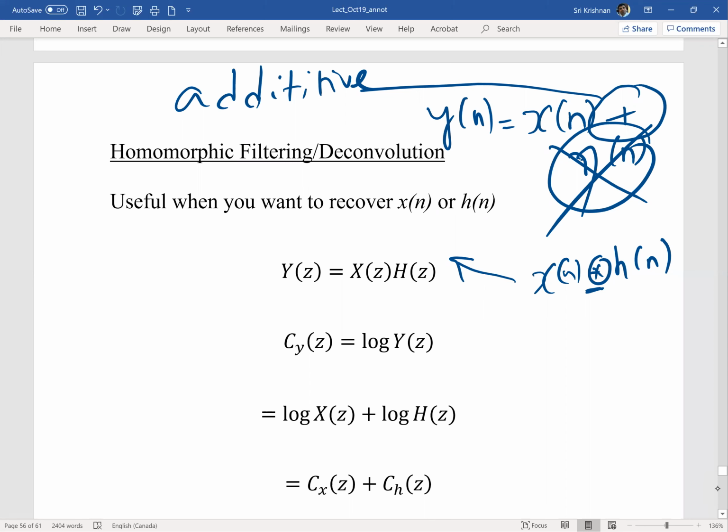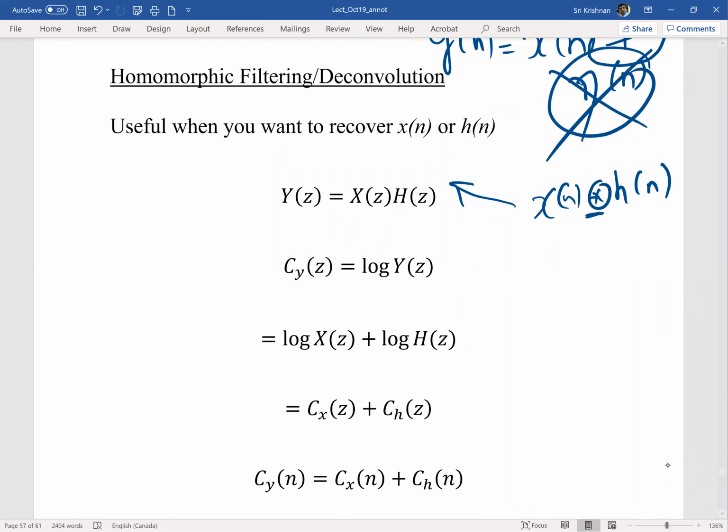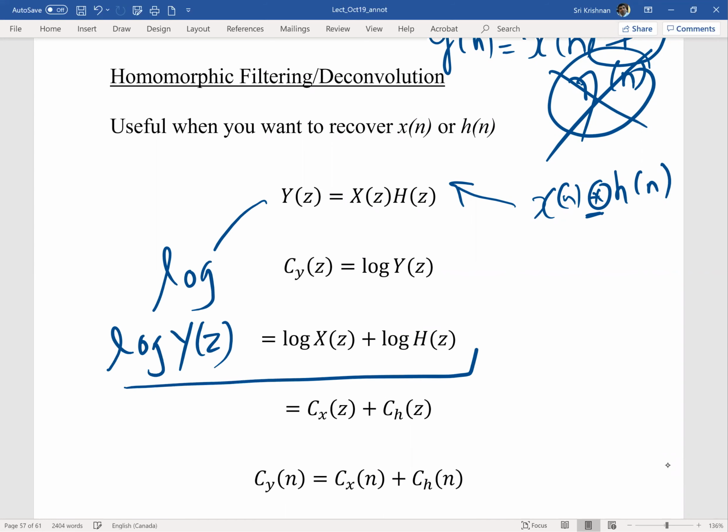When I apply a log on two multiplicative things, it becomes an additive concept. That's exactly what we are doing. We are taking a log on this Y of z. When we do the log of Y of z, it becomes log X of z plus log H of z.